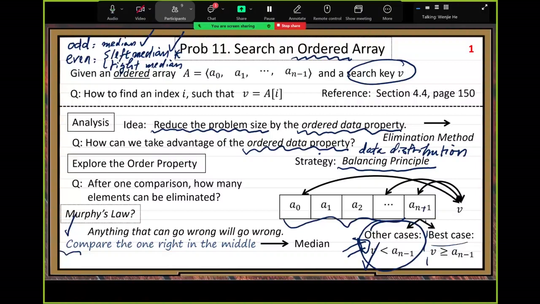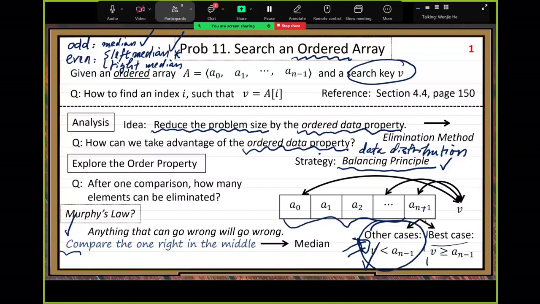There are many ways to distribute the data. But here, based on this balancing principle, the best way, so usually we mean the way that would result in the best algorithm, the fastest algorithm.